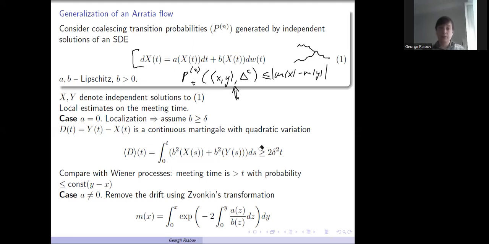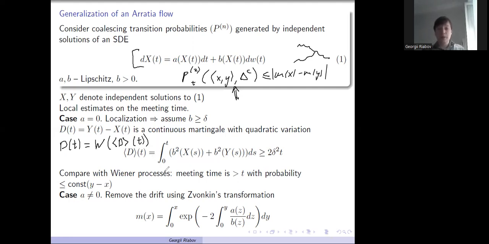The continuous martingale d can be written as some Brownian motion run with the quadratic variation of this martingale.